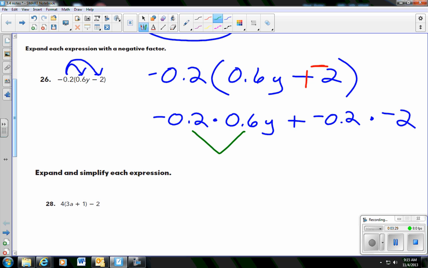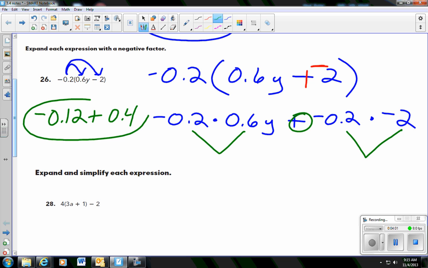And you'll see that you get negative 0.12. Then we have addition, and you're adding negative 0.2, 2/10, times negative 2. So go ahead and type that in, negative 0.2 times negative 2, and you'll find that you get positive 0.4. And since it's positive 0.4, then it's plus 0.4.